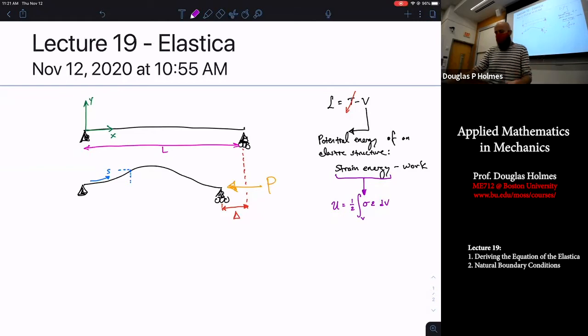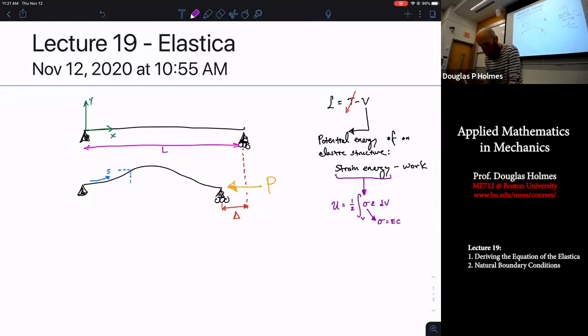So it'd be fair for us to assume this material is linearly elastic, which means we can just use Hooke's law as a way to understand how stress relates to strain.